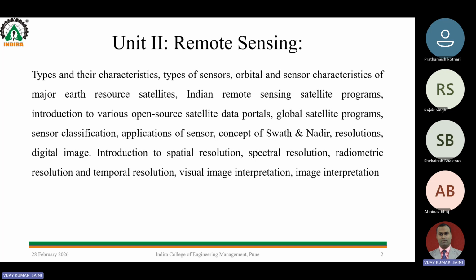And the last part is resolution: the different types of resolution like spatial, spectral, radiometric, and temporal. So we'll talk about it. And in the last phase, we will have image interpretation, visual image interpretation. So in that flow, we will be covering the syllabus of unit number 2.